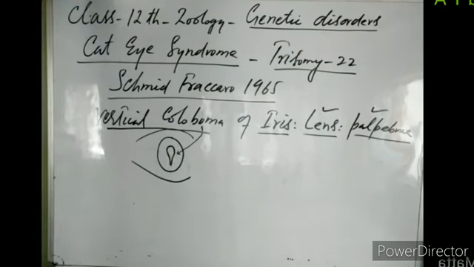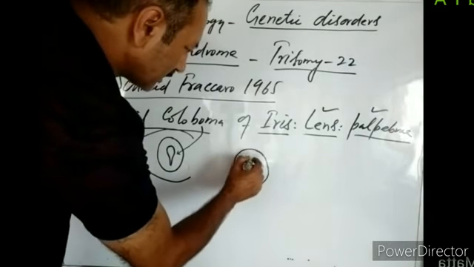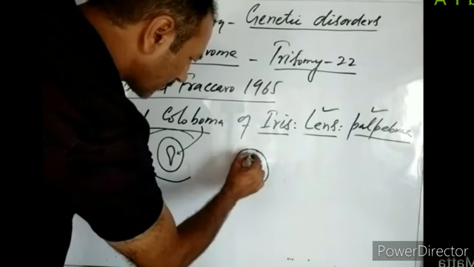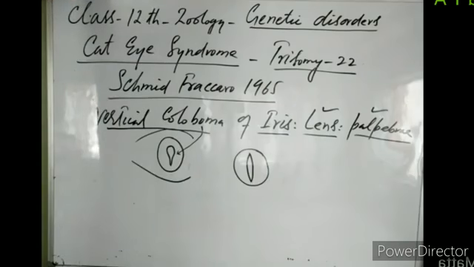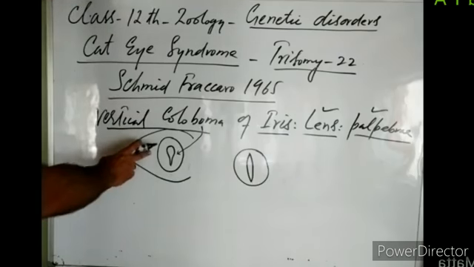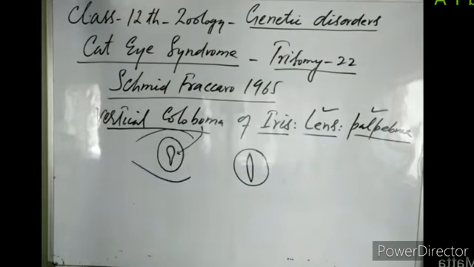And this vertical coloboma resembles the pupil of the cat. If you have observed the pupil of a cat, it is in the form of a vertical cut, like this. So the eyes of a person who has vertical coloboma resemble the eyes of a cat.